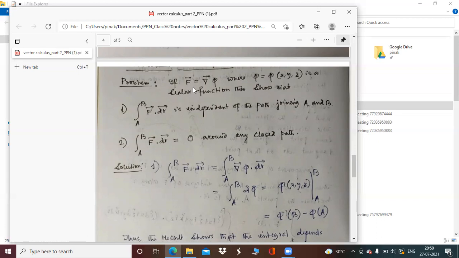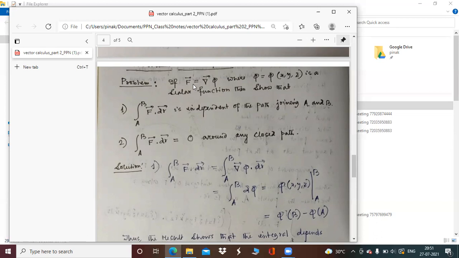So if a vector has all these three characteristics which are depicted in this equation, then that particular vector is called a conservative vector field. Again, I am repeating, if a vector contains all these three properties which are given in this equation or in this question, then that particular vector is called a conservative vector field.